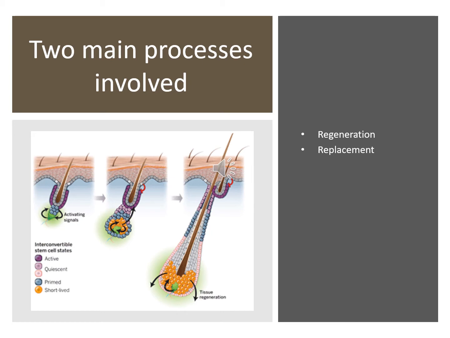So sticking with that epithelial, as you can see in the image, we have active cells. We'll look at each of these later, but when we look at tissue regeneration, we can see that we need to have chemical signals that are sent to the area to activate this regeneration.